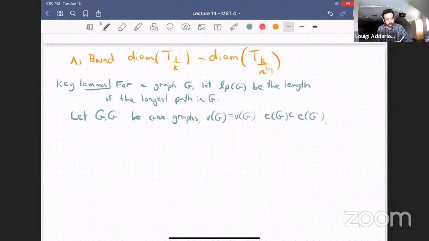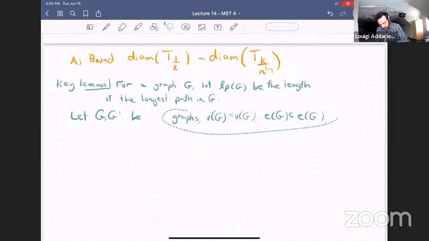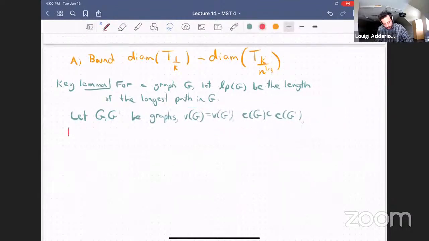Okay, and I'll look at, actually, so these don't need to be connected, just graphs. Now I'll look at connected components of these graphs. So let H and H prime be connected components of G and G prime.